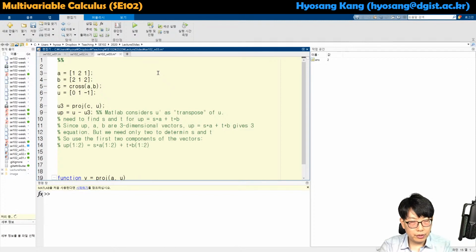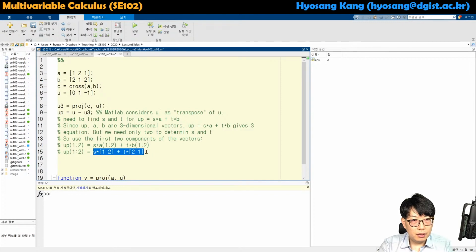So in other words, this is how it works. So 0, 1 equals S times 1, 2 plus T times 2, 1. So you see, I only use the first two components of these vectors. Sorry, I don't know what UP is, so let's put it as 1 to 2. Okay.